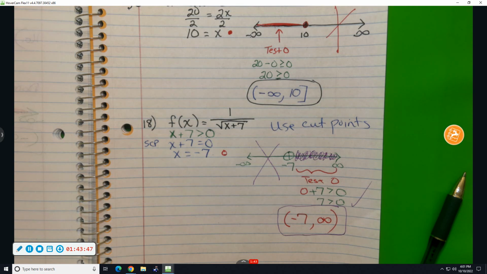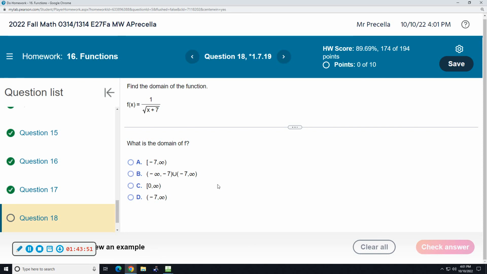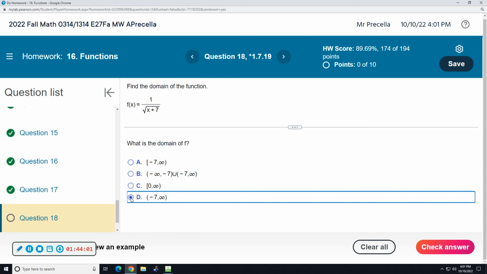Okay? Let me type that in so you'll feel confident. Oh, wait, I have to type it in. Which one is it? No, it's not A. Look closely at A. I think they have a bracket in front of the negative 7. Can you blow it up? Where's the little dot that lets you blow it up?